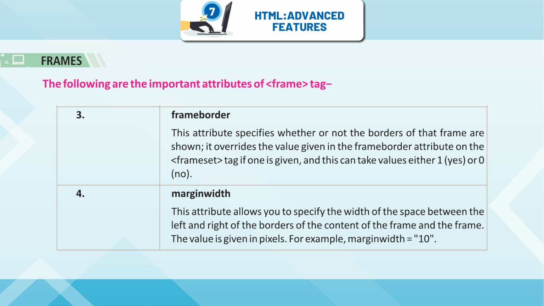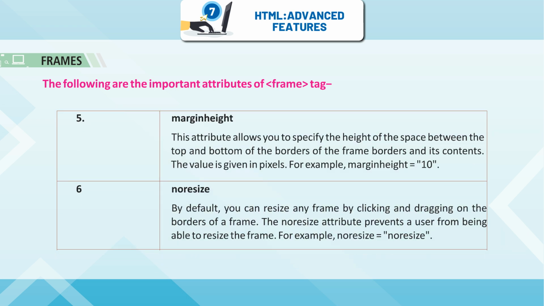The value is given in pixels. For example, margin width equals 10 in double quote. 5. Margin height. This attribute allows you to specify the height of the space between the top and bottom of the frame borders and its contents. The value is given in pixels. For example, margin height equals 10 in double quote.